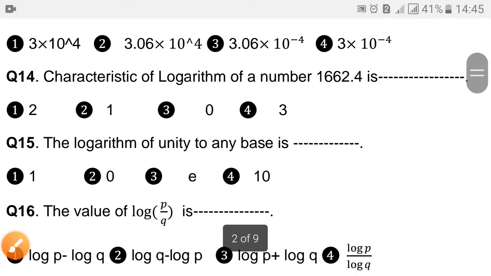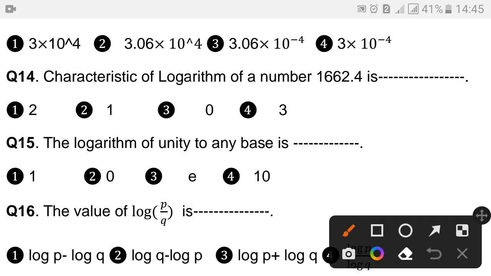Question number 14 is: characteristic of the logarithm of the number 1662.4. To find the logarithm of any number, we have to find its characteristic and mantissa. The characteristic is very easy to find. In this question, we have to change the position of the decimal point. That is, we have to put the decimal point after the first non-zero digit.